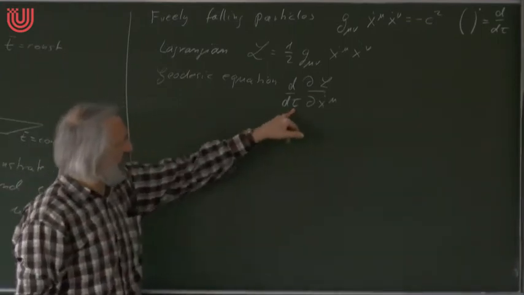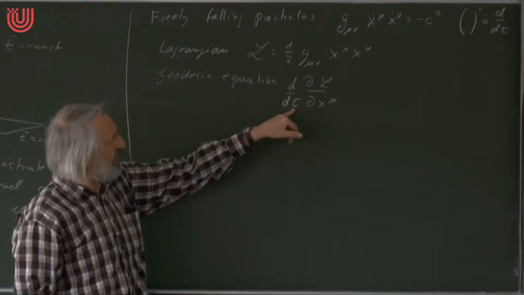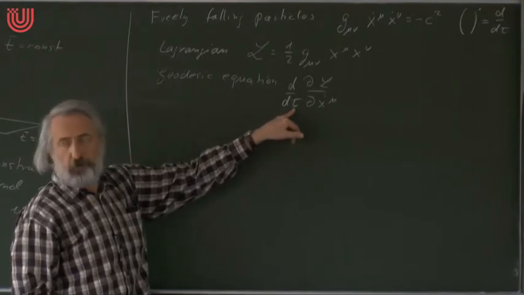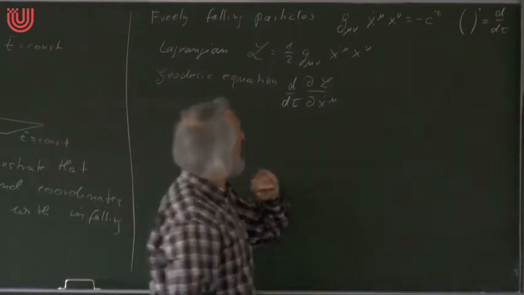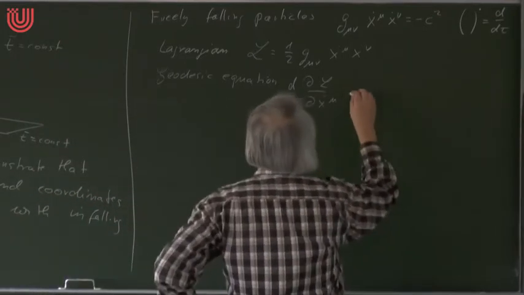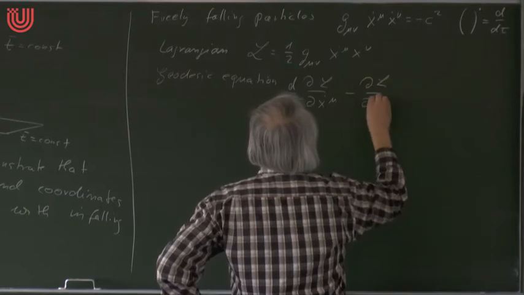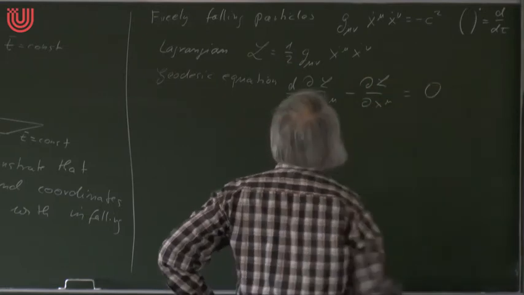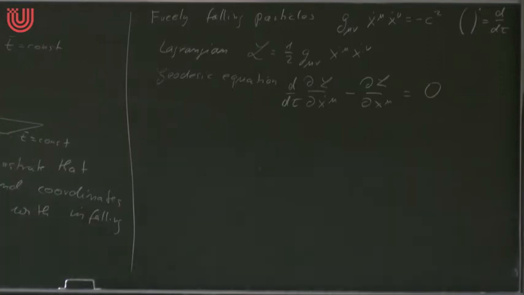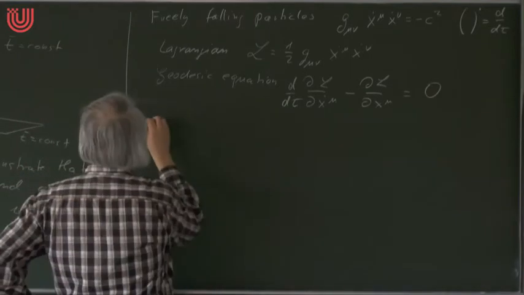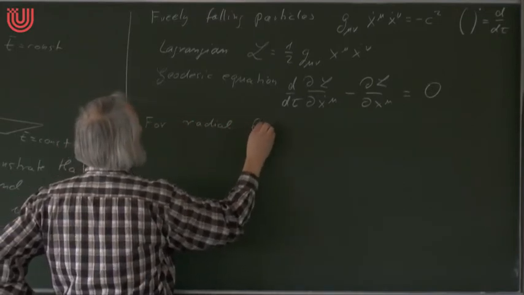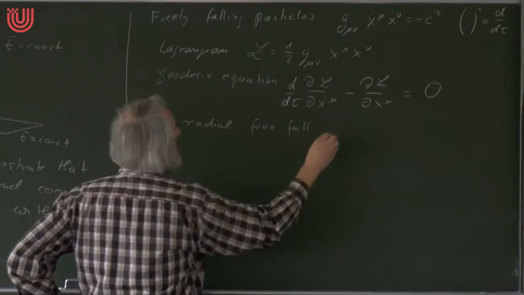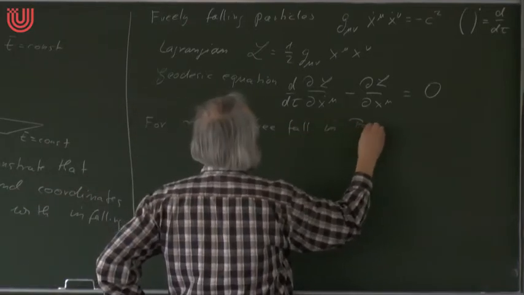When we deal with light rays, or when we do not specify what kind of geodesic we are considering, I usually write s. I reserve the letter tau for proper time, so for the particle case. So these are the equations we have to consider. So what we want to consider is radial free fall in Perlick-Gülstrand coordinates.